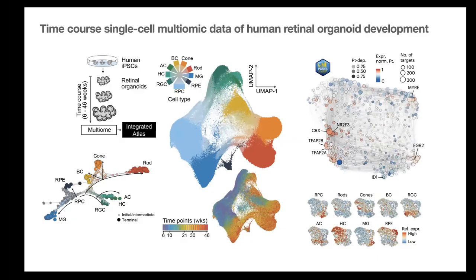Okay, the next step here is that we have an integrated atlas of retinal organoids from the transcriptomic side. We have ATAC data and RNA-seq data for the complete time course.